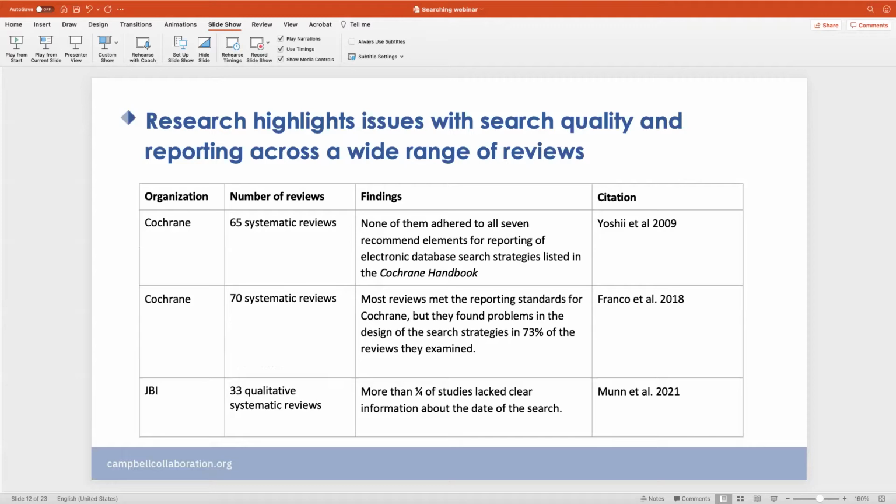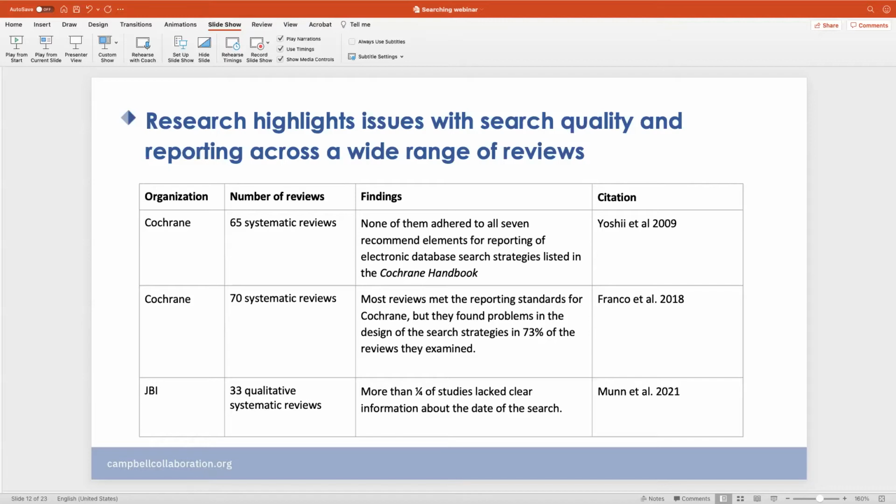So work has also been done to look at the search quality and reporting of systematic reviews published by systematic reviewing focused organizations like Cochrane and the Joanna Briggs Institute, which of course really strive for high quality, rigorous systematic reviews and include folks with expertise in systematic review methods in their peer review process.